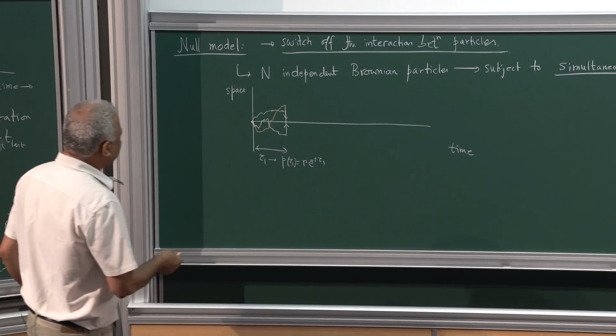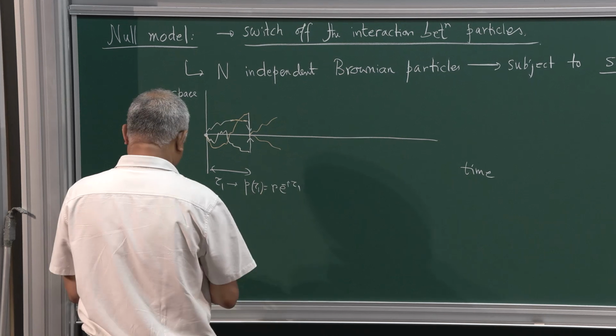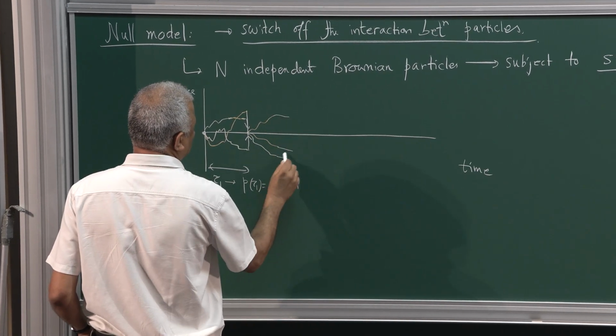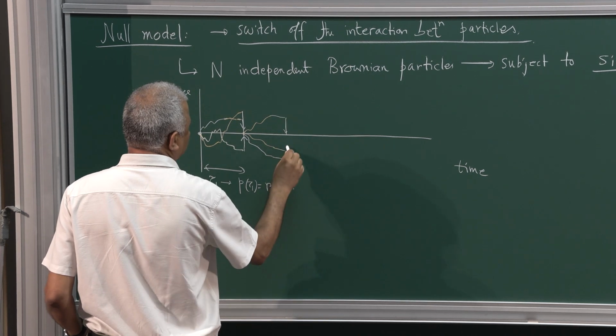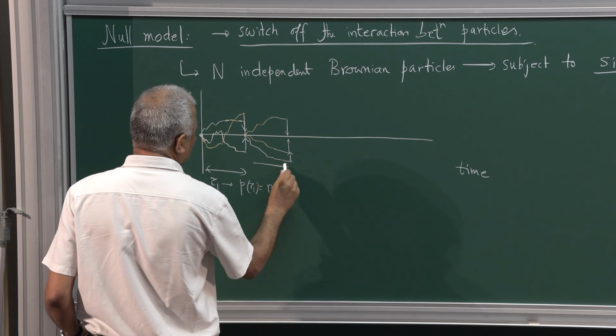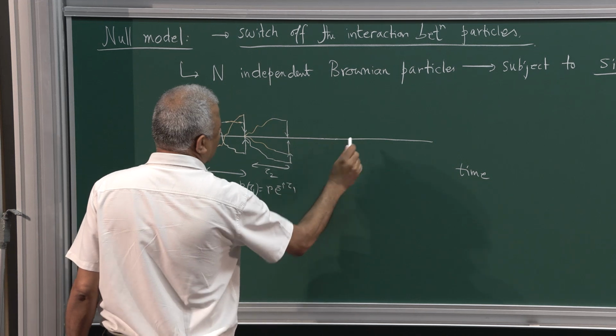Then again they start from the origin and then they move. And again they reset after some random time simultaneously, this tau 2, which is also drawn from the same distribution, and so on.